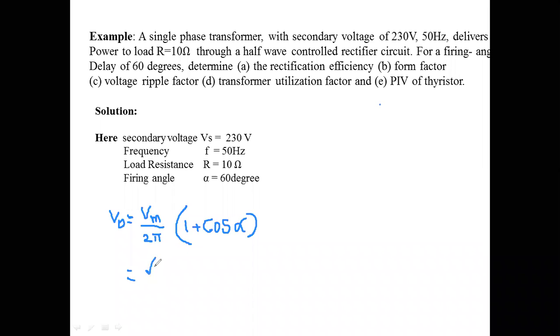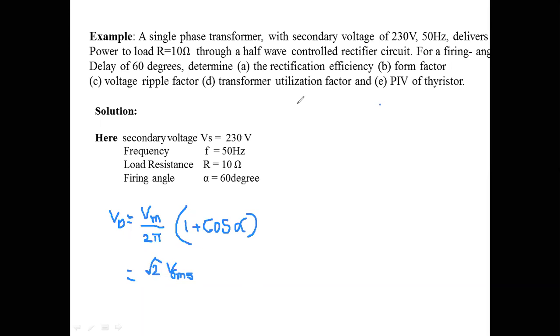This is nothing but root 2 VRMS value. What is the VRMS value? VRMS is equal to VS, the secondary voltage, that is 230 volts, divided by 2 pi again, same.